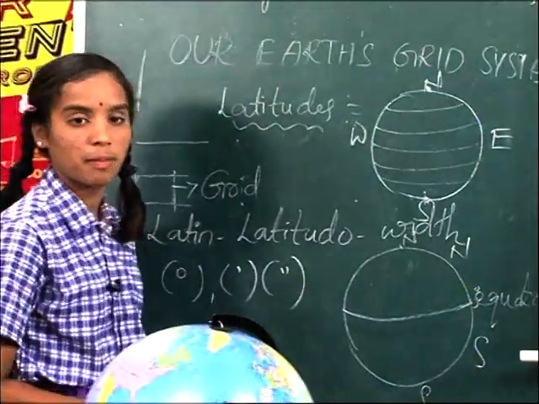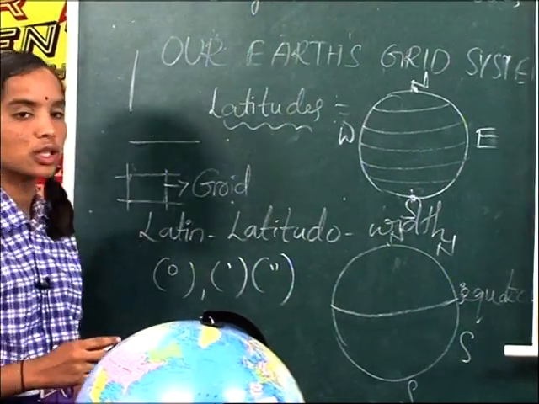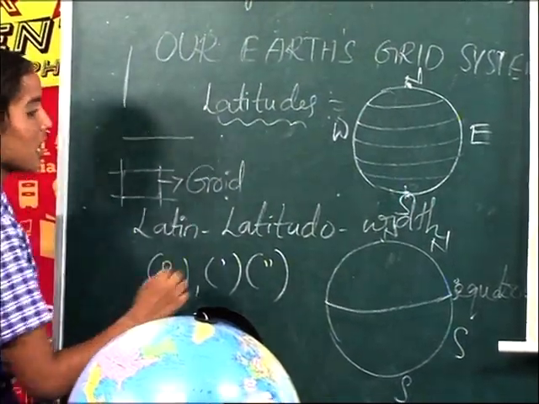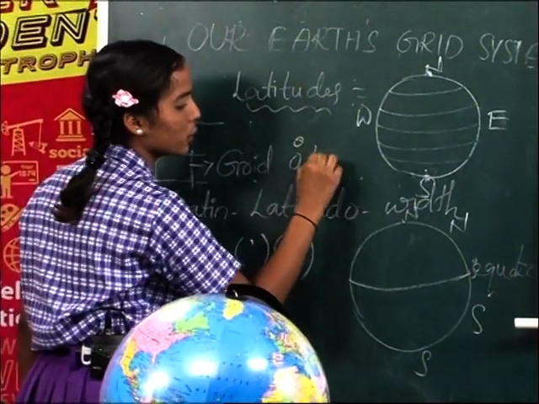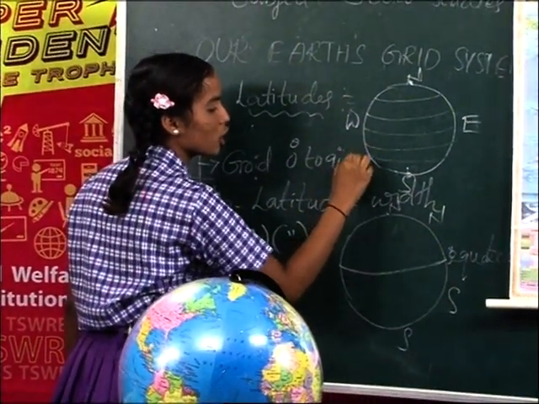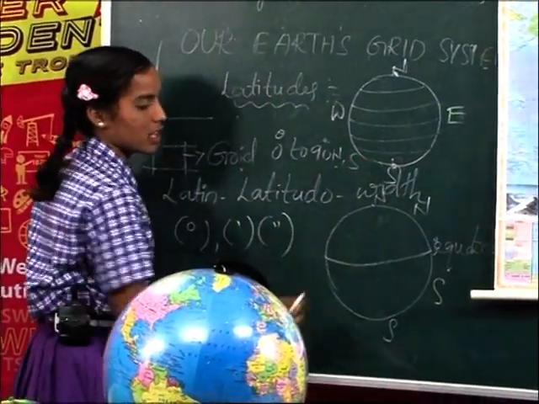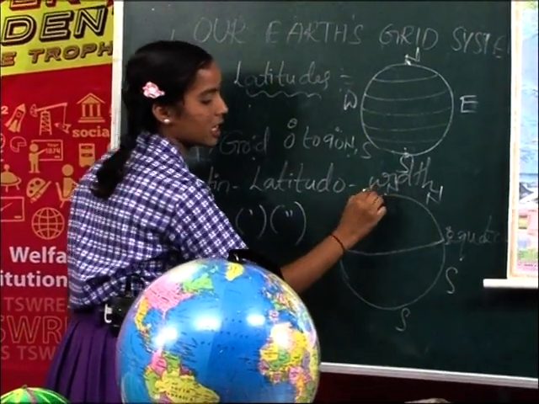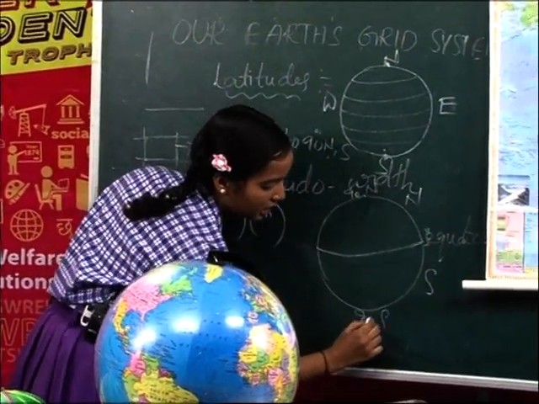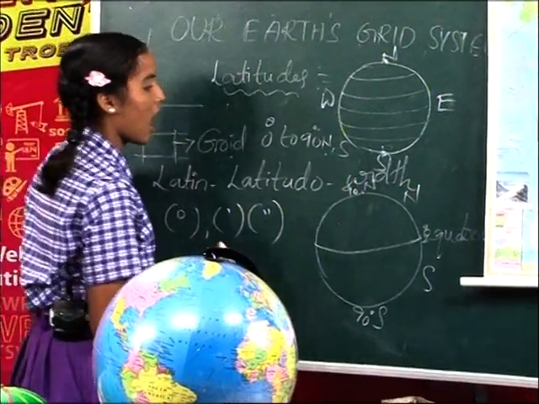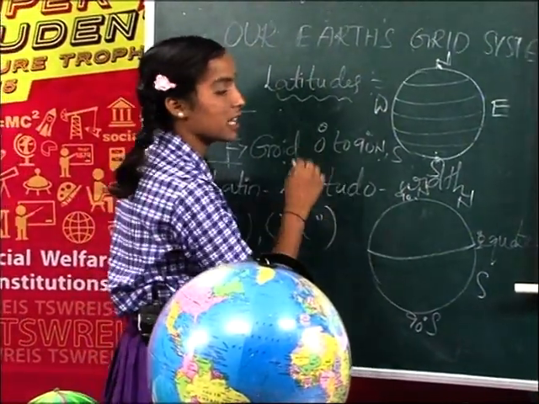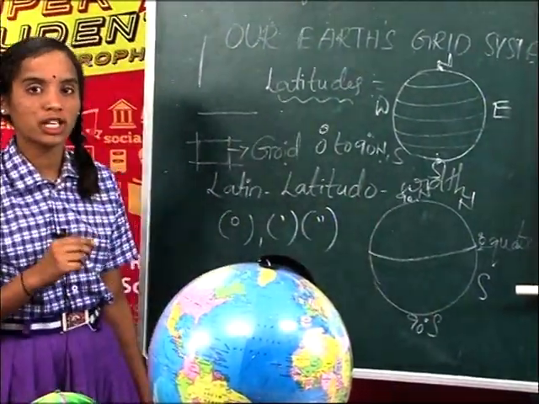In the northern hemisphere, the value range of latitude is from 0 degree equator to 90 degrees North Pole, and 0 degree equator to 90 degrees South Pole. And friends, here these latitudes are numbered from 1 to 90.